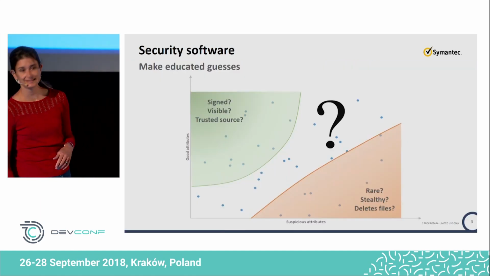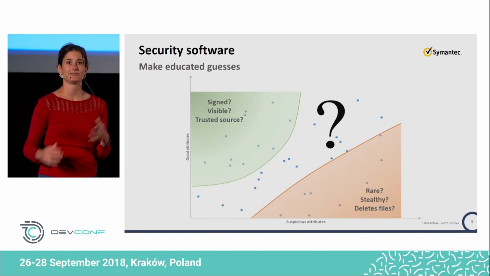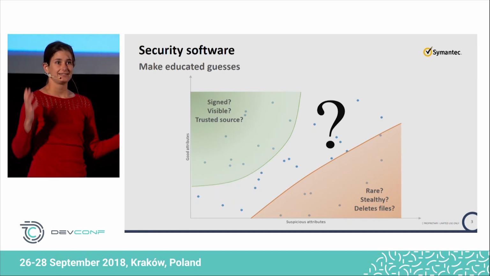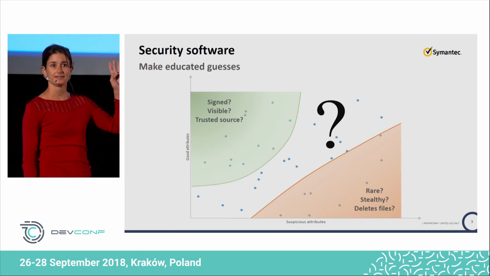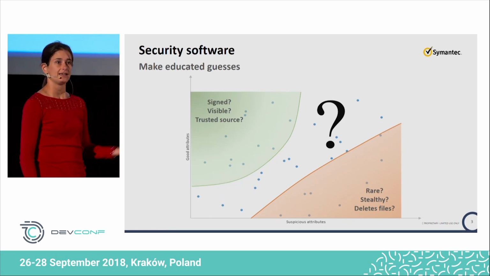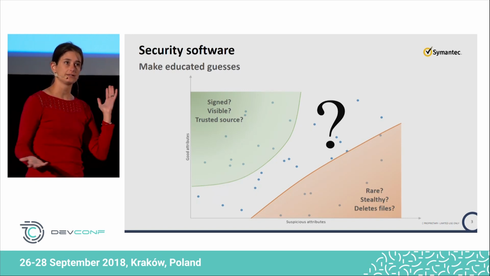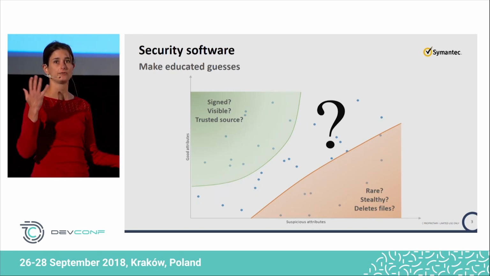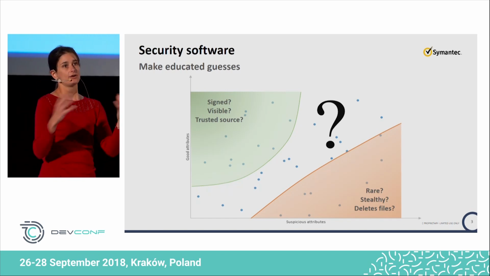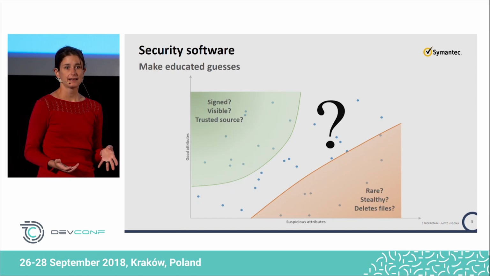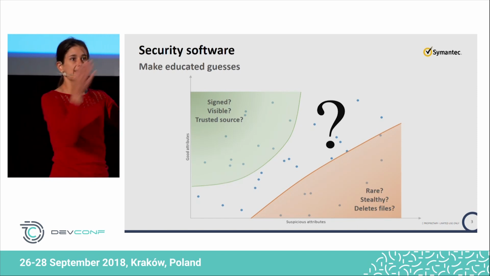So the first thing I'd like you to understand is that the decisions are not deterministic. A security software is going to weigh the pros and cons about attributes of what it's looking at. If it's looking at traffic, or a website, or software or a file, it's going to look at attributes.